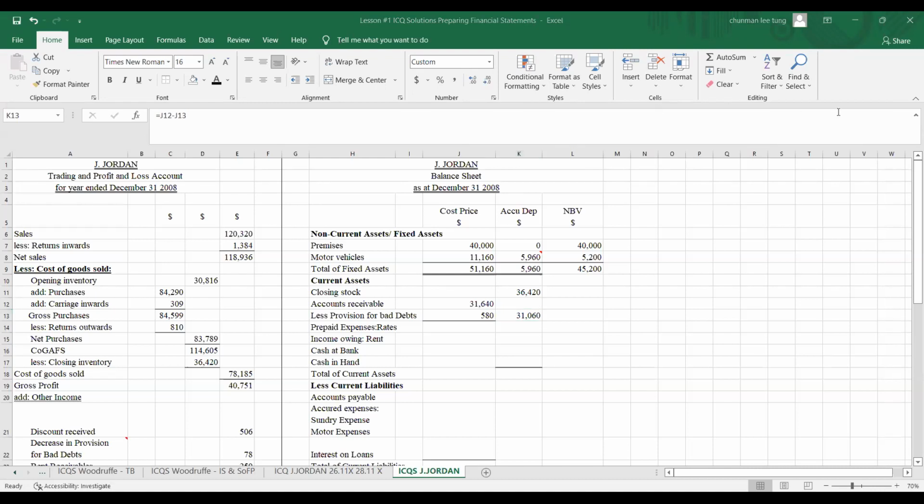So I'm going to just go over the whole calculation for the accounts receivables. So accounts receivables in the trial balance was 31,640. But we cannot say that is our final accounts receivable figure. We have something affecting accounts receivables, which is provision for bad debts. Provision for bad debts only came about because the business would have probably experienced so many bad debts in the past.